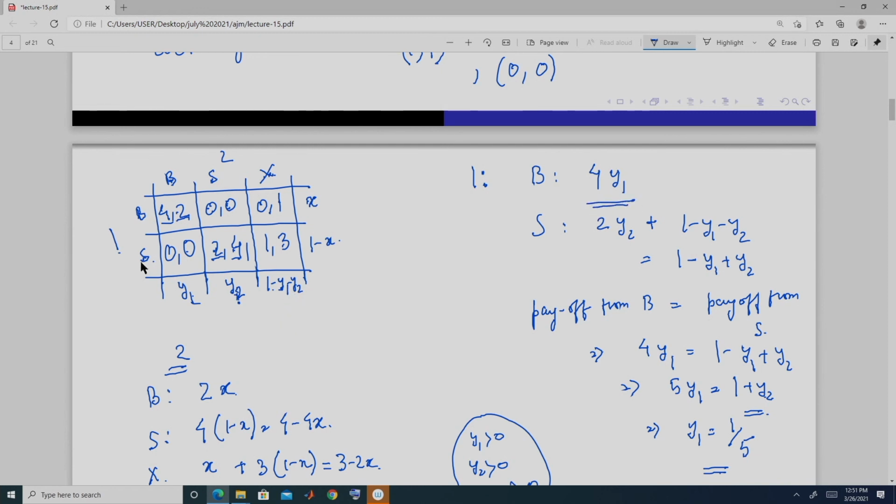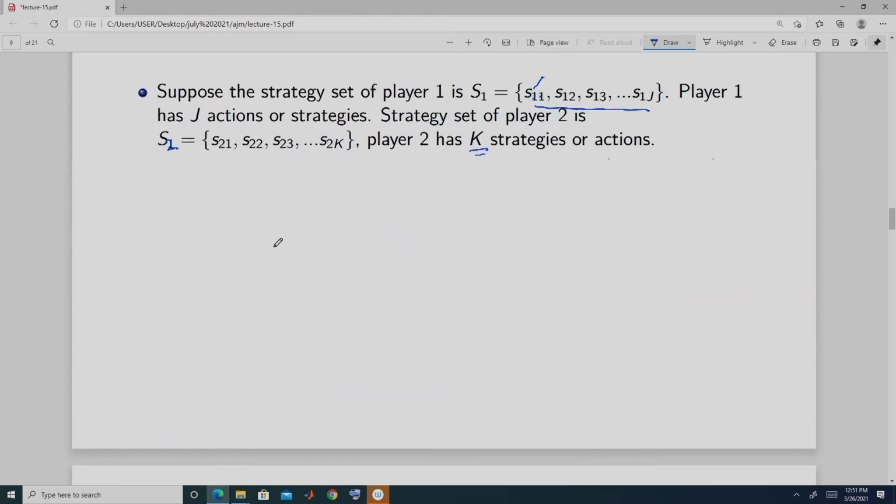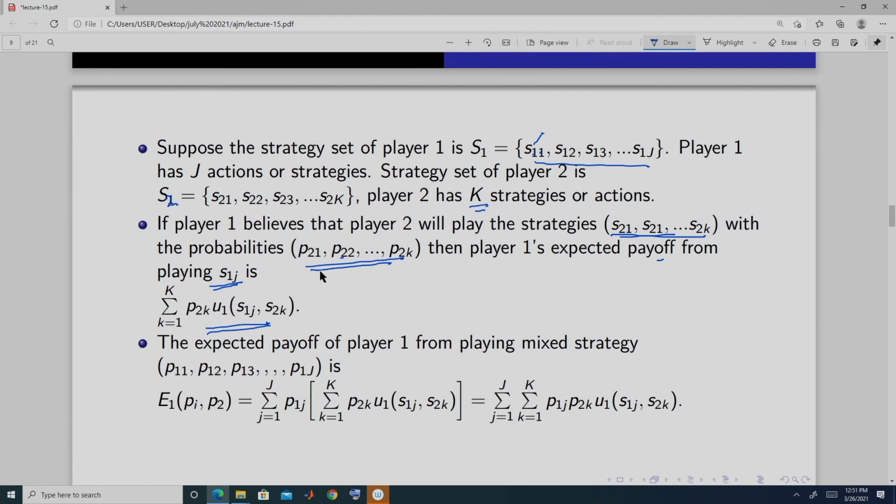And when it plays S, it is 0 with probability y1, 2 with probability y2, 1 with probability 1 minus y1 minus y2. So, this is what this definition says.